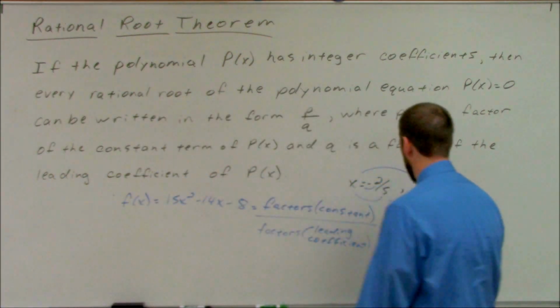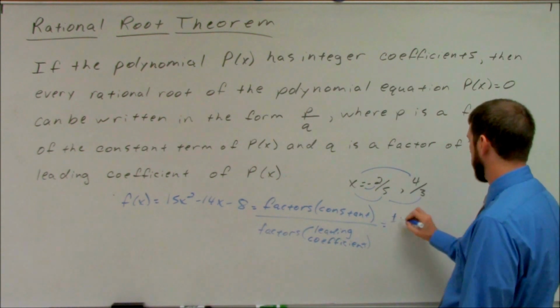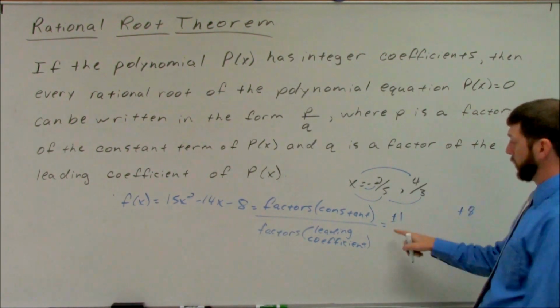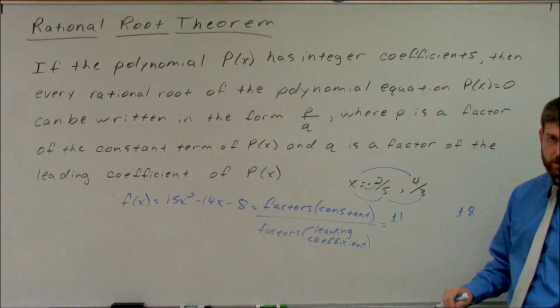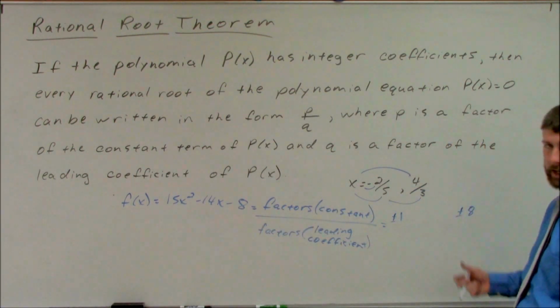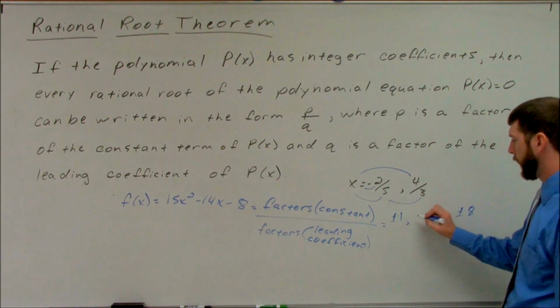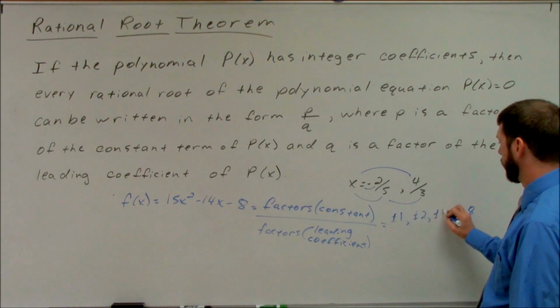So what are the factors of negative 8? Well, we have 1 and 8, plus or minus, right? Because it could be positive 1, negative 8, or negative 1, positive 8. So 1 and 8 are possible factors, and plus or minus 2, plus or minus 4.